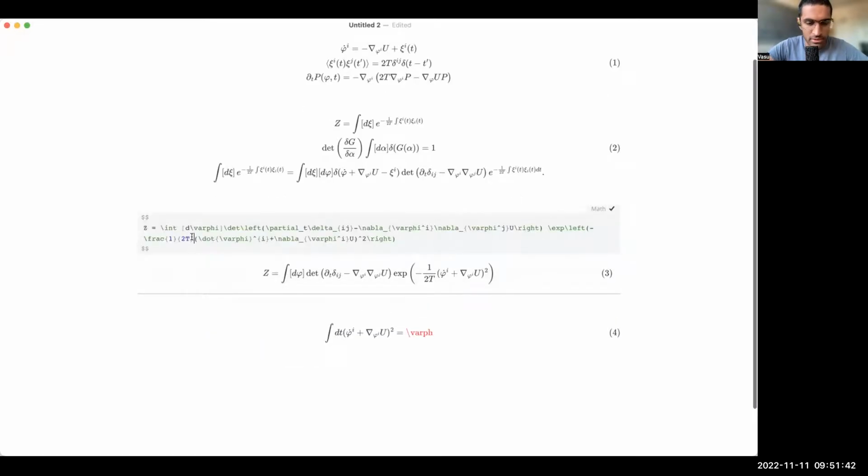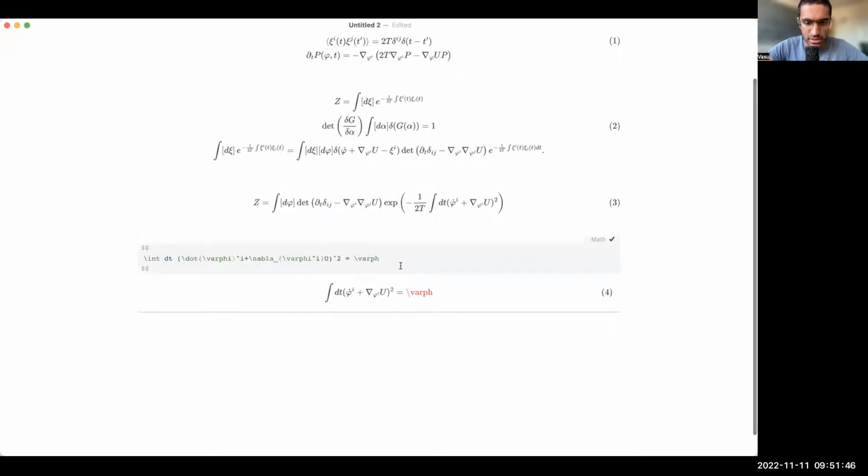So we basically have the phi dot i squared term, and we have the nabla u squared term.